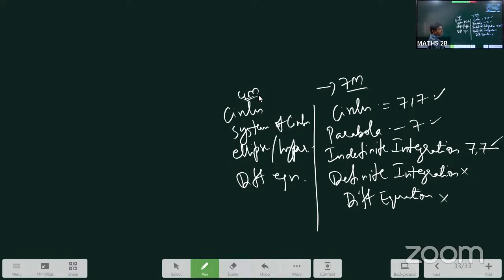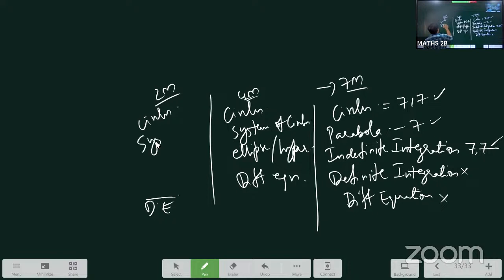Differential equation today only we did. Circles and system of circles, beginning of the days we did. And in 2 marks, I will go for circles. Already we are doing DE, right? System of circles, parabola, and indefinite integration. That's all, to get your passing mark.